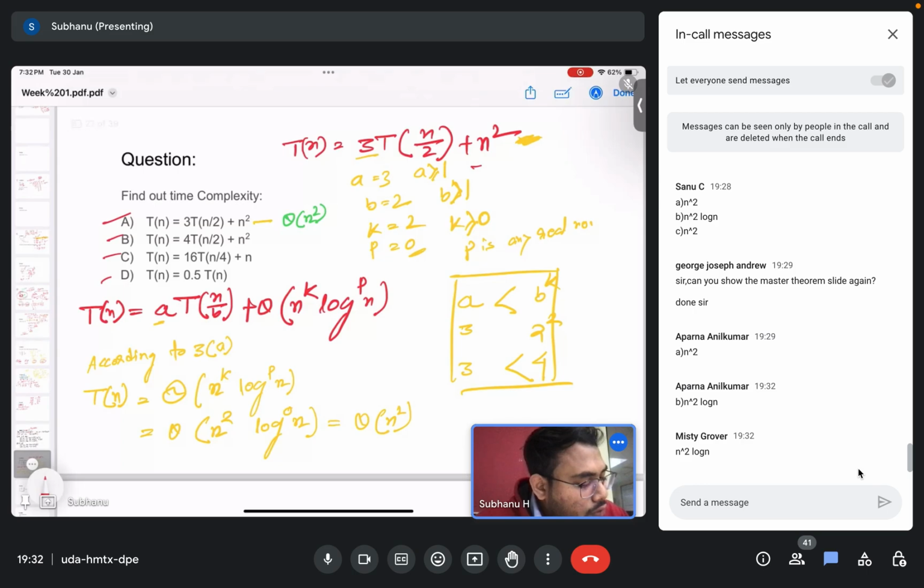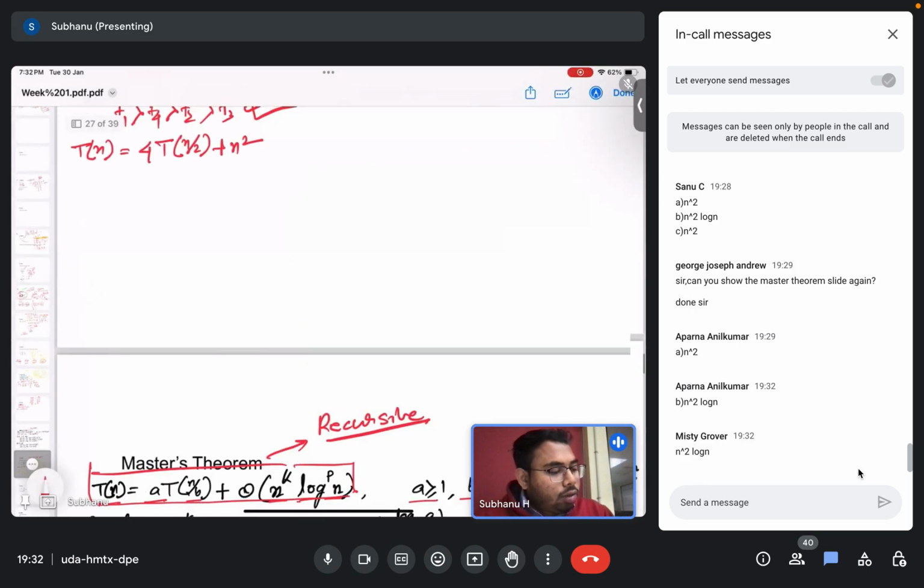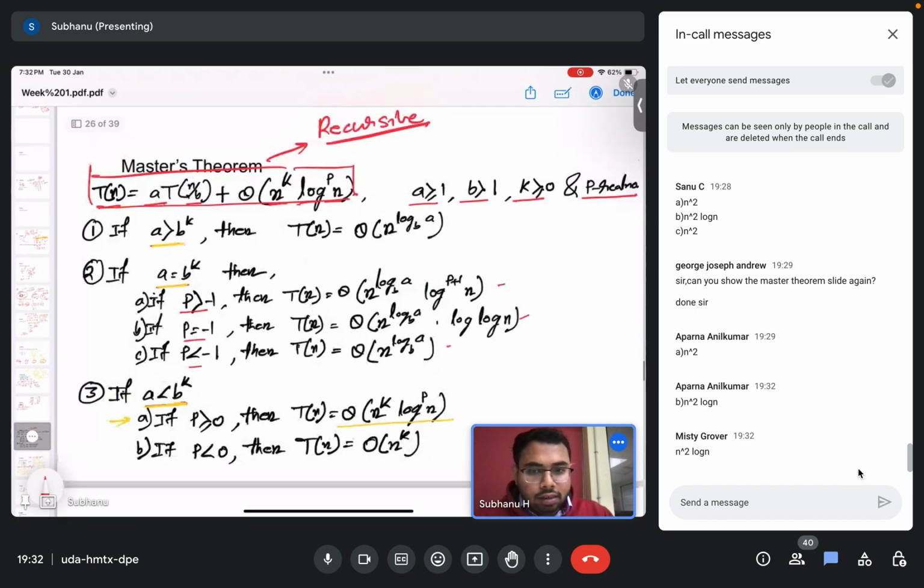We will be solving this problem using the same theorem.